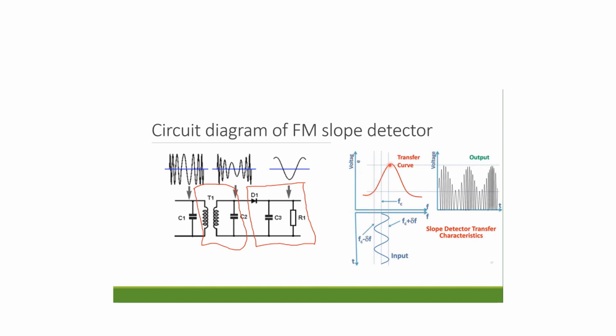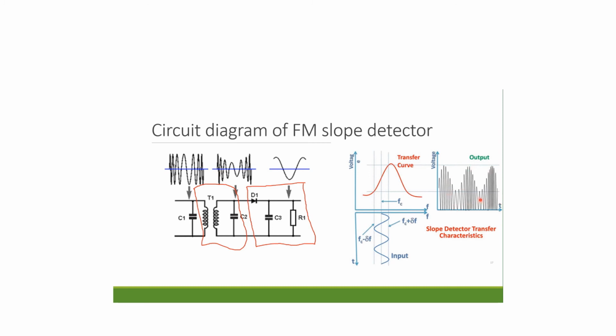So as frequency changes, at the output of tuned circuit voltage will change. As frequency changes from this point to this point, voltage will change from this point to this point. So variation of frequency at the input, and here variation of amplitude at the output of tuned circuit.